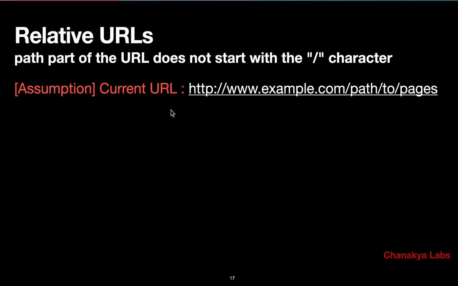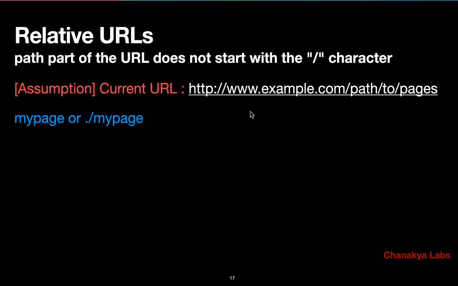Let's say right now you are at this page. If, in the HTML document of this page, we encounter some relative URLs, then those relative URLs will be resolved corresponding to this page. How will they be resolved?